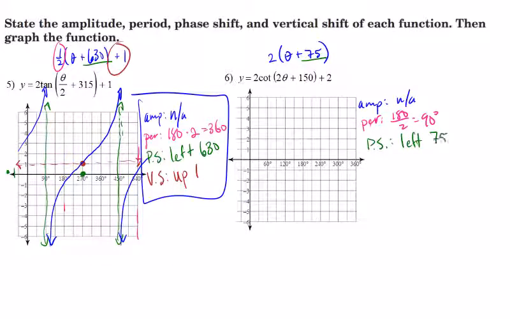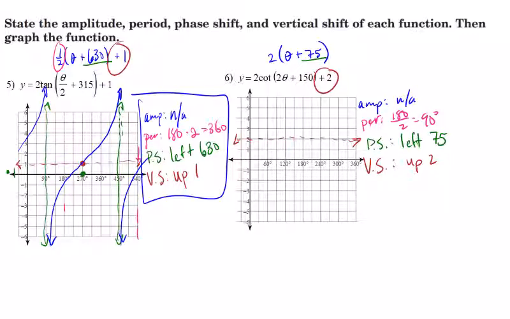So it'll be left 75. All right, and our vertical shift, excuse me, is going to be up 2. Okay, so our new baseline is going to be right here. All right, we're going to go left 75.